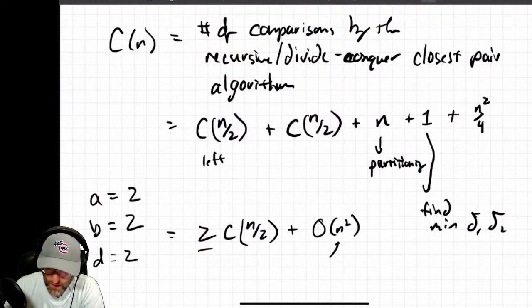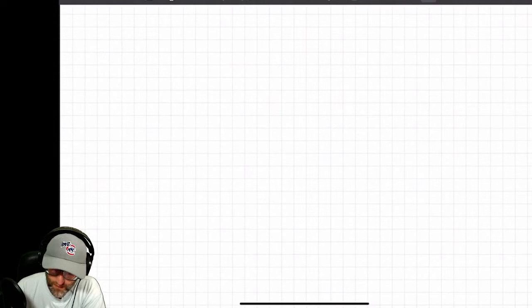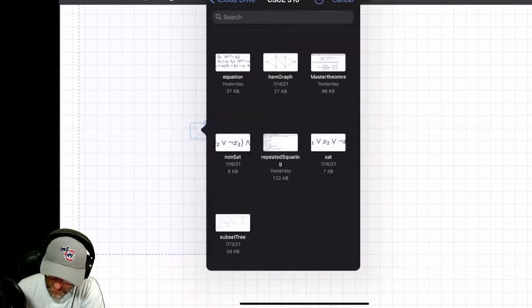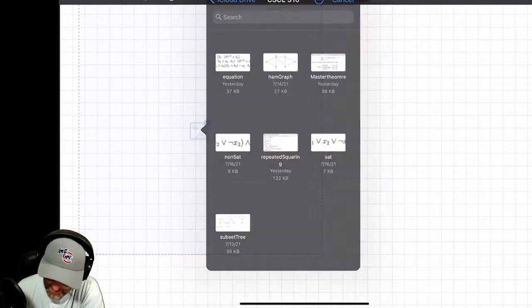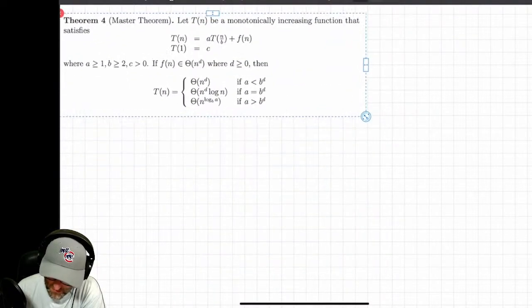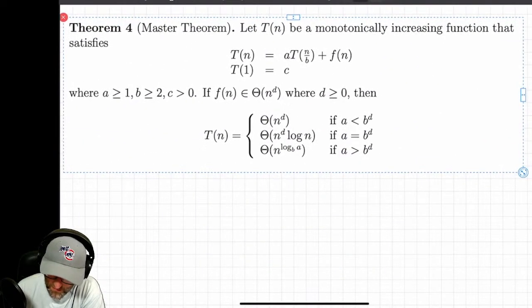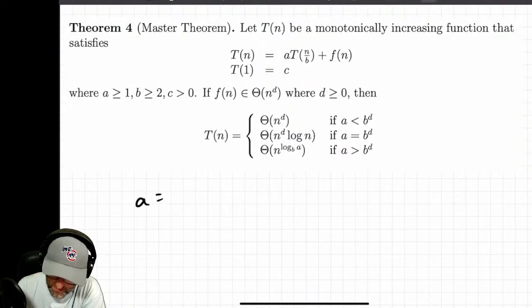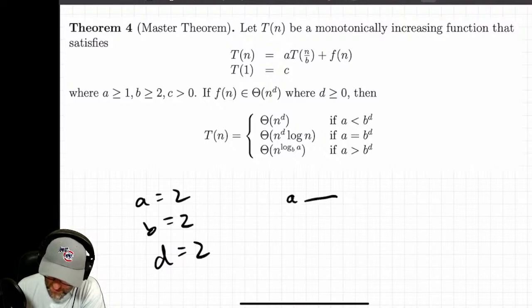All right. If you look it up, in fact, I can bring it back here, where's the master theorem? There we go. So remember that A is 2, B is 2, and D ends up being 2. So what is the relationship between A versus B to the D? That's 2 versus 2 squared.